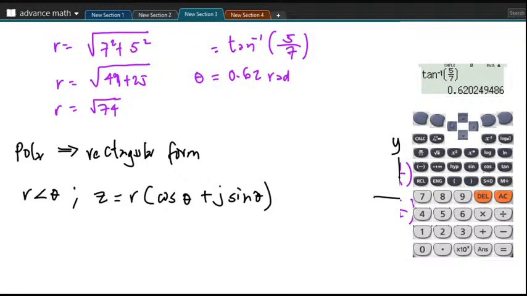If this is our complex number z, this is x, this is y, and this is our theta.